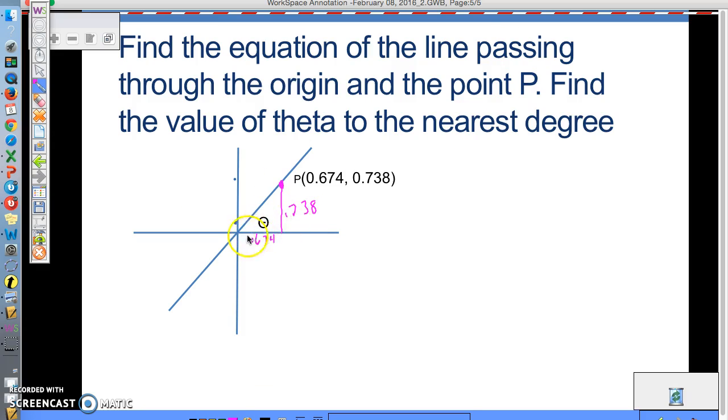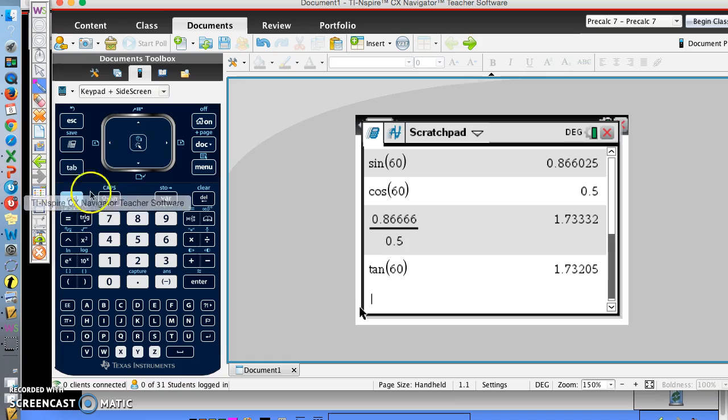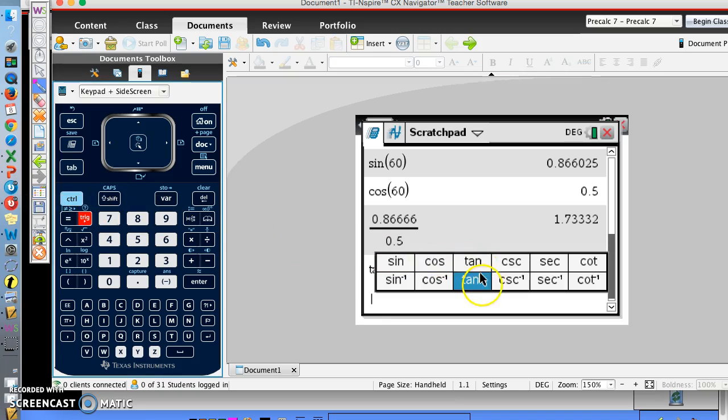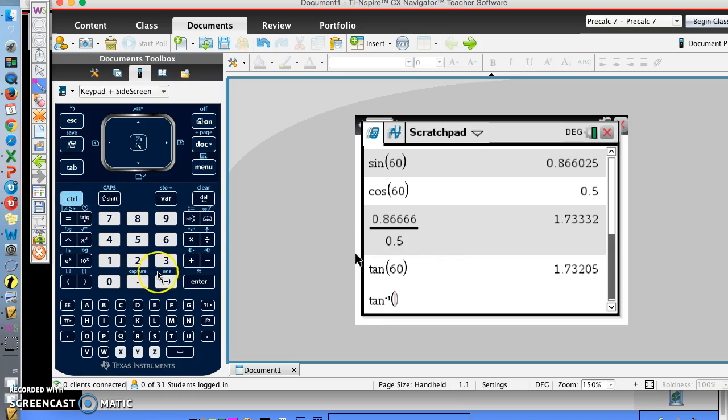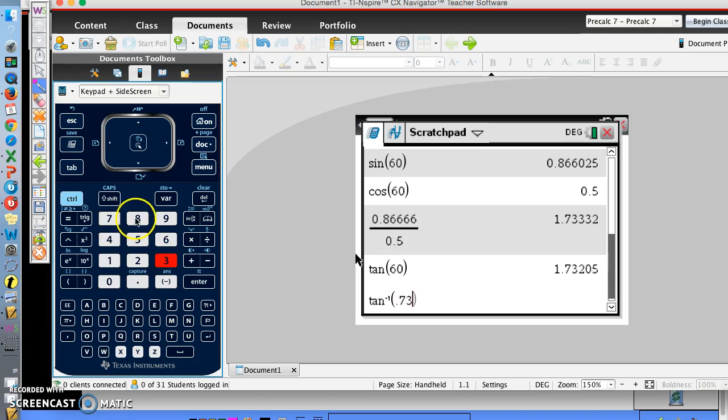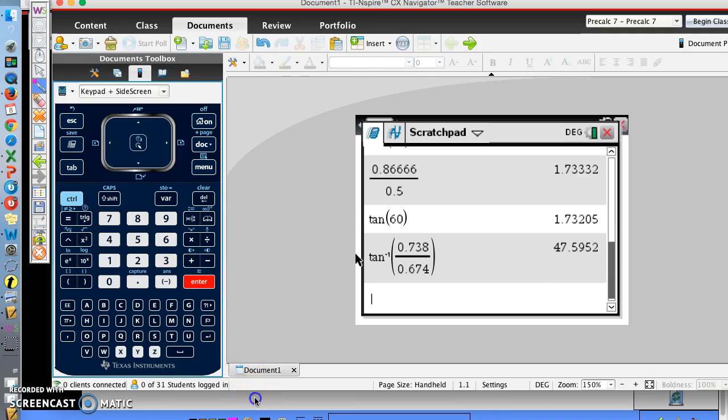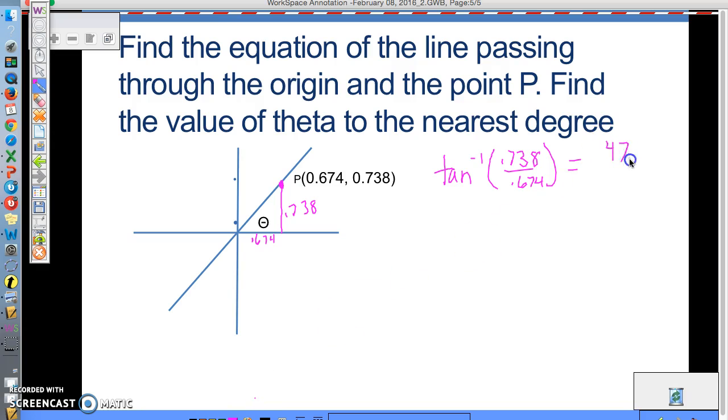So let's see, to find that angle, inverse tangent, 0.738, opposite over adjacent. So we had 0.738 divided by 0.674, so 47.6 degrees.